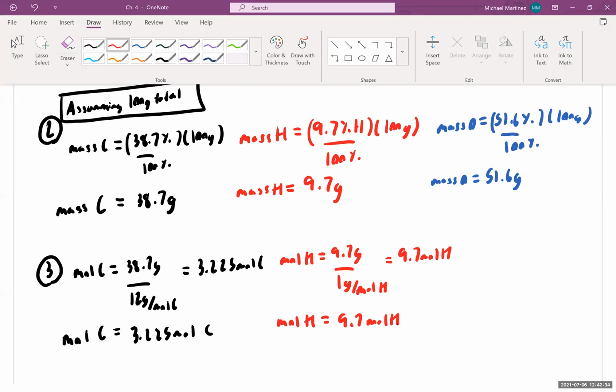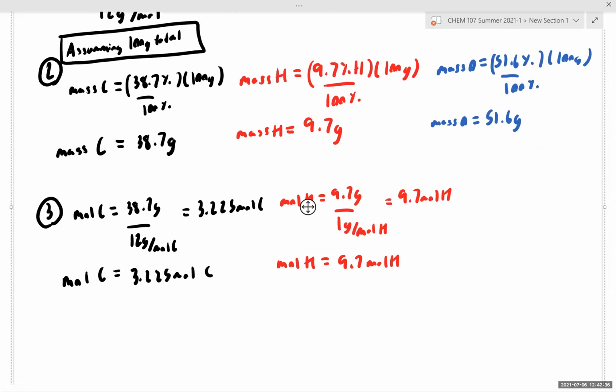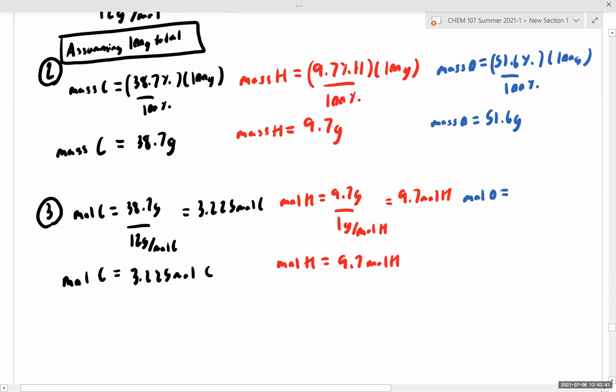Finally, would anyone like to cap off this section of our discussion by sharing their calculated moles of oxygen? How many moles of oxygen do we have in our sample? 3.225, exactly right.